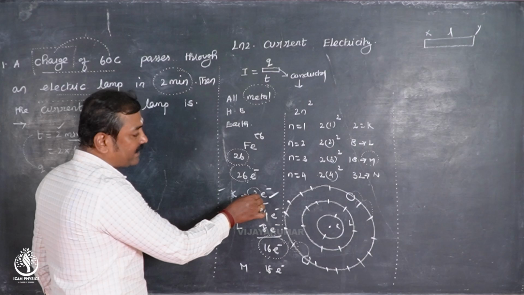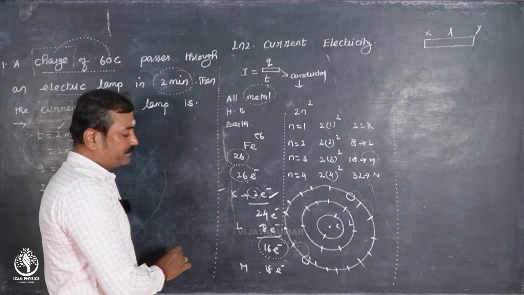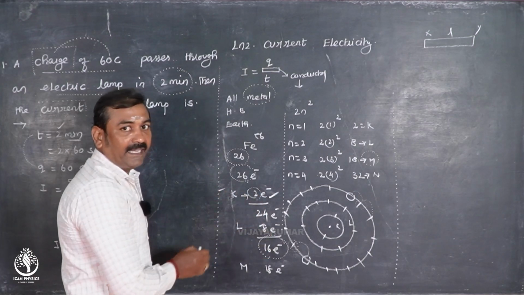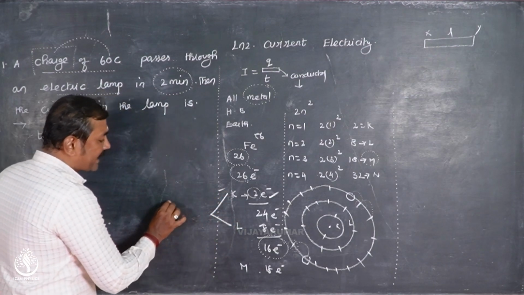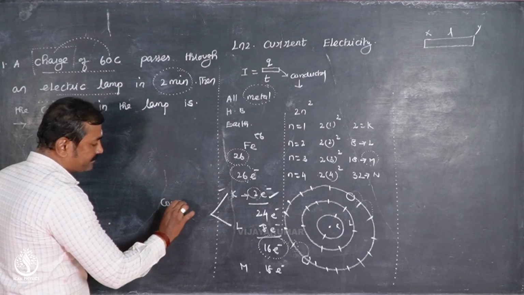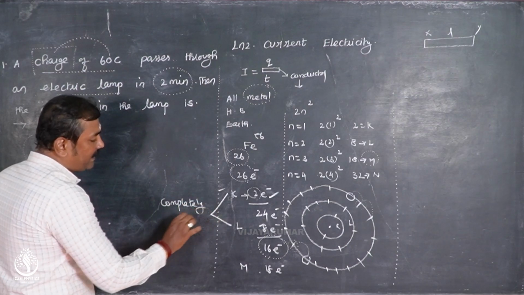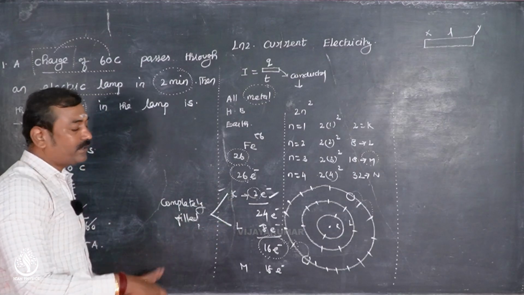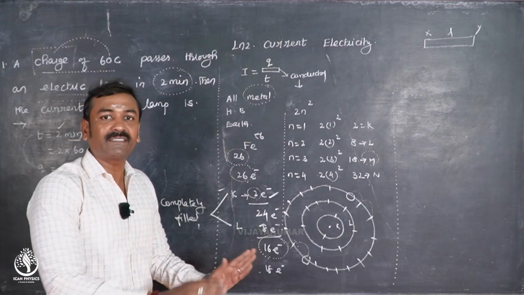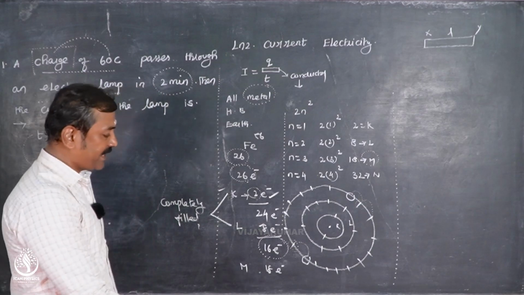L can hold 8 and it is occupied by 8, so K and L are completely filled. When these shells are completely filled, the electrons are tightly bound to the nucleus and they can't move freely.